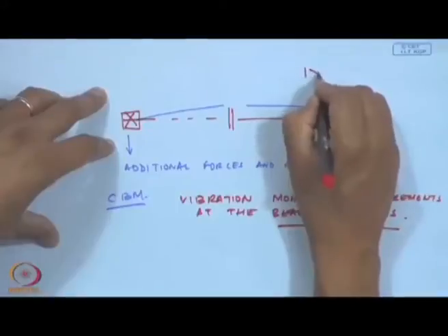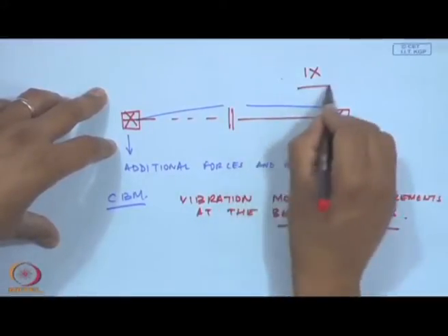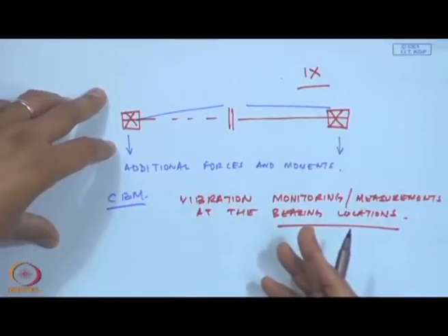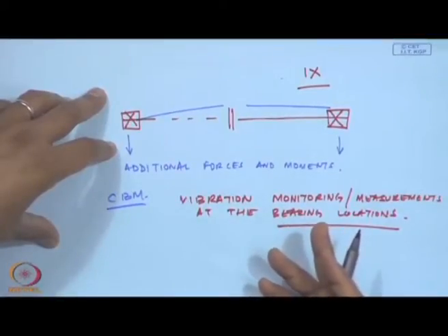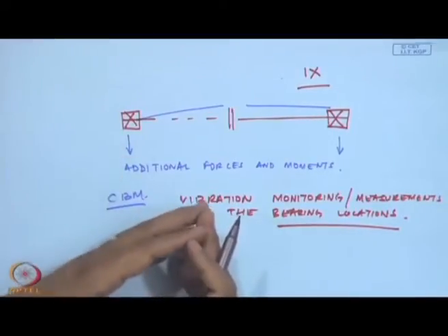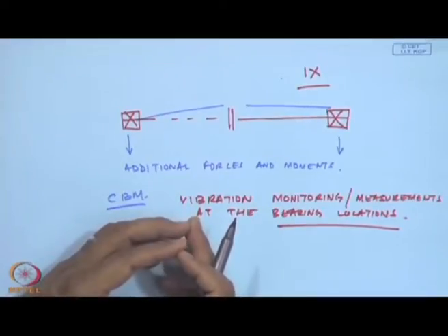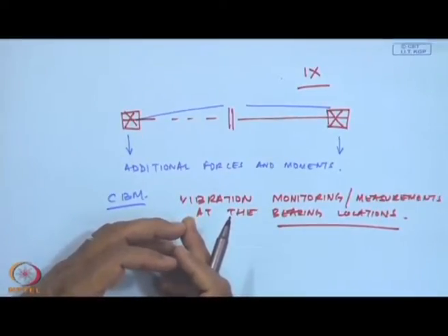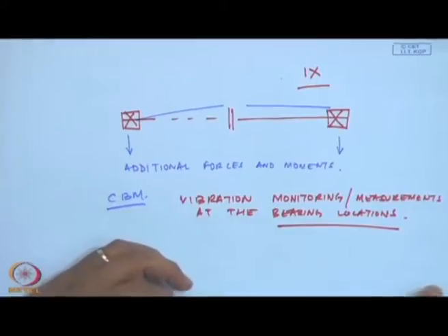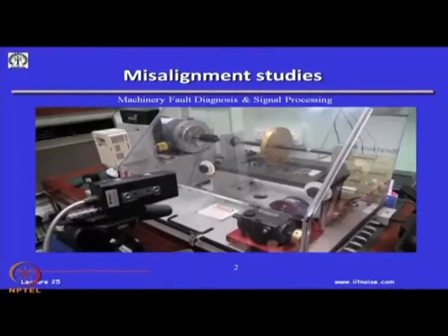Invariably when a shaft is rotating, you will have a vibration at 1x, but there will be some other components at other frequencies like 2x, 3x, 4x and so on. When you see high levels of harmonics or an excessive vibration in a particular direction, we may be sure that this is misalignment. So, let me tell you what we did to study the misalignment in the laboratory.